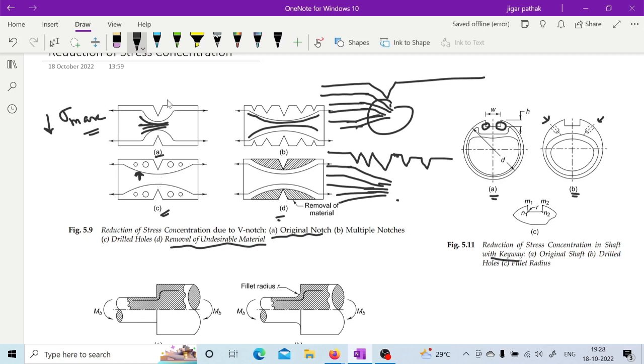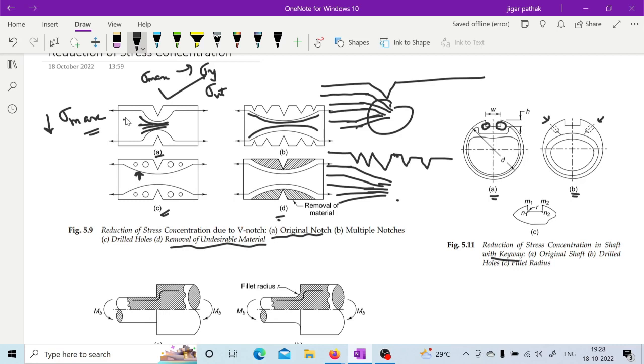Yes, sir. In this particular case it may happen that sigma max is going to surpass the value of sigma y or sigma ut, in the first case in figure A. But in case of B, C or D, this sigma max is not going to surpass sigma y or sigma ultimate. It may happen that in this whole region the overall value of stress may rise.